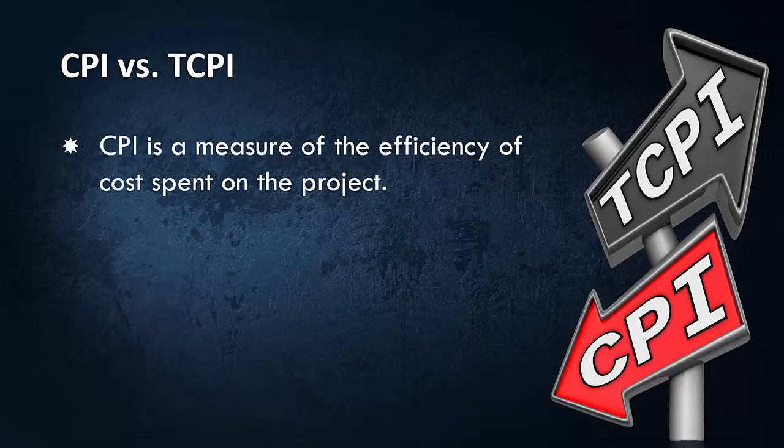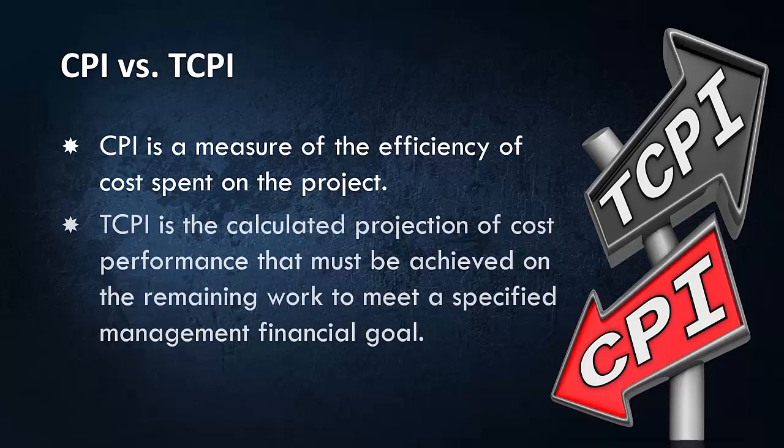So it's basically looking at the past, what you have performed to date. By contrast, the TCPI focuses on the future. A question such as what performance levels must be achieved on the remaining work in order to meet a specified management financial goal is what is answered with the TCPI metric.